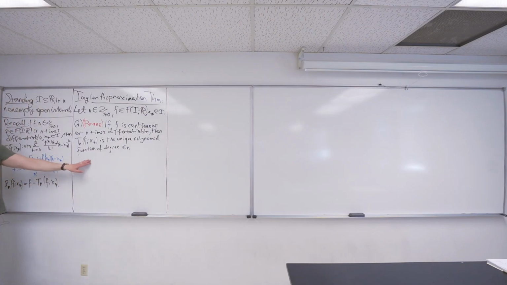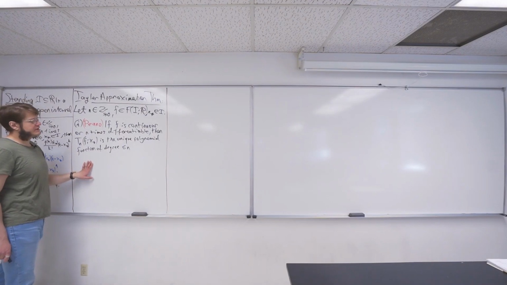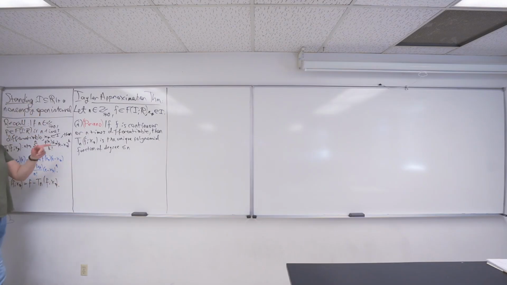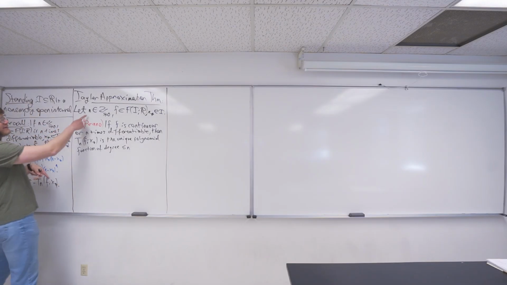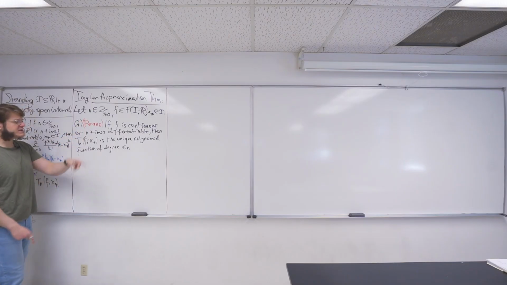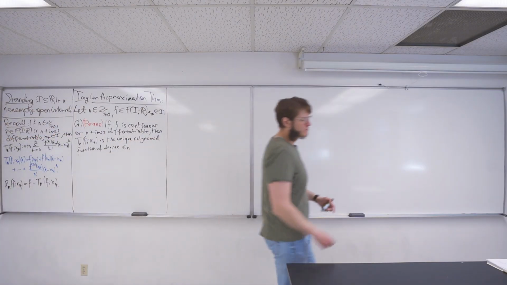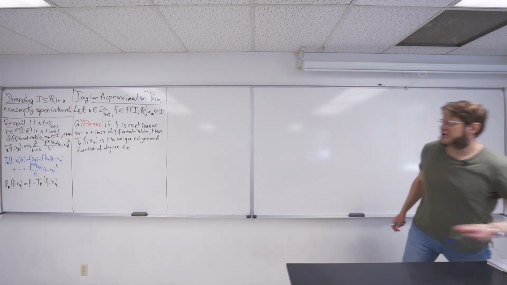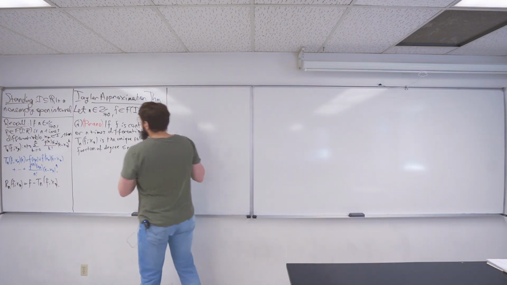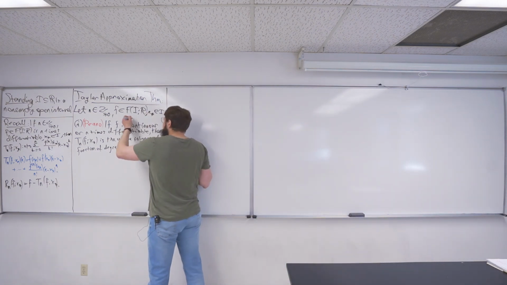The first item is what is called the Peano form of the remainder. If f is continuous or n times differentiable, I had to say this because if n were equal to 0, this would just say that f is 0 times differentiable. But 0 times differentiable doesn't mean it is necessarily continuous. If you want to think of it in a more compact fashion, you can just say if f is C n.